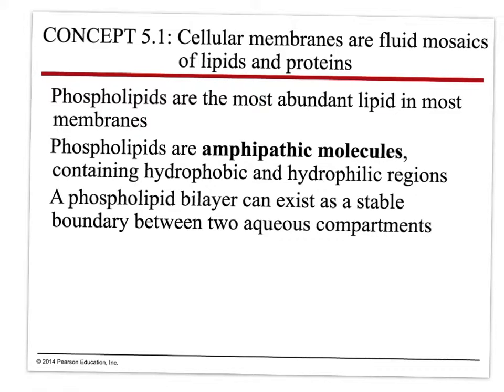When you put phospholipids by themselves in a water solution, they self-assemble into this bilayer. It exists as a boundary between two aqueous compartments: the inside of the cell, mostly made of water, and the outside of the cell, also mostly made of water.